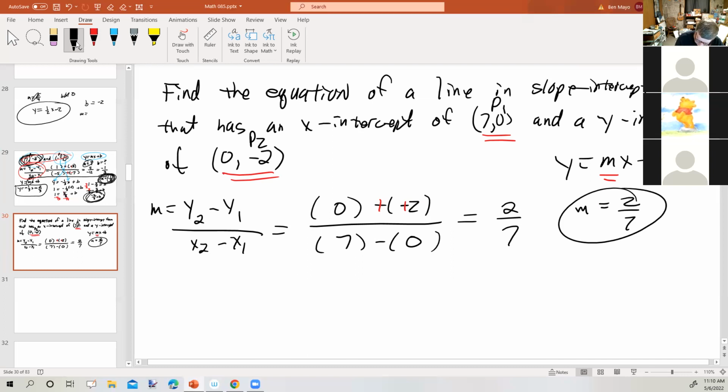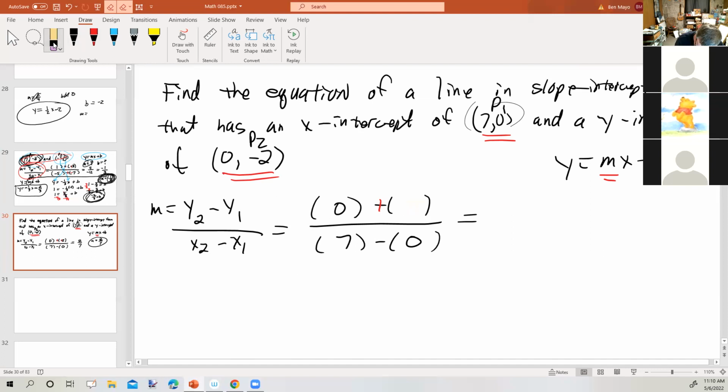Isn't it y2 minus y1? Yes, yes. And I fooled myself because I had this over to the left. My bad. Thank you very much. It's okay. I remember the formula, but not the name. Yes, this is point 1 and this is point 2. So it would be -2 minus 0.